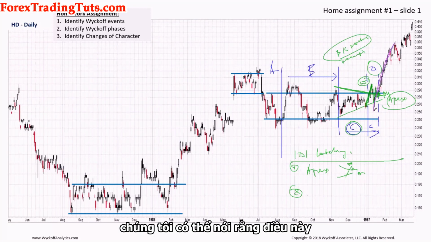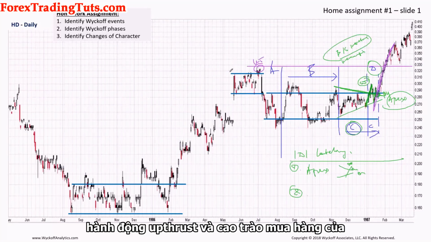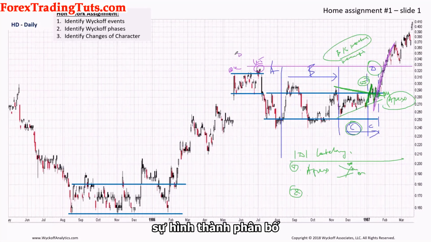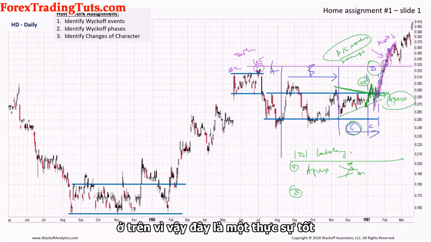So we could say that this move to the upside that overcomes the upthrust action and the buying climax of the distribution formation is a major sign of strength, and by definition the price goes through the trading range and commits to the upside. Look at the commitment, so many closes above, so this is a really good commitment to the upside.